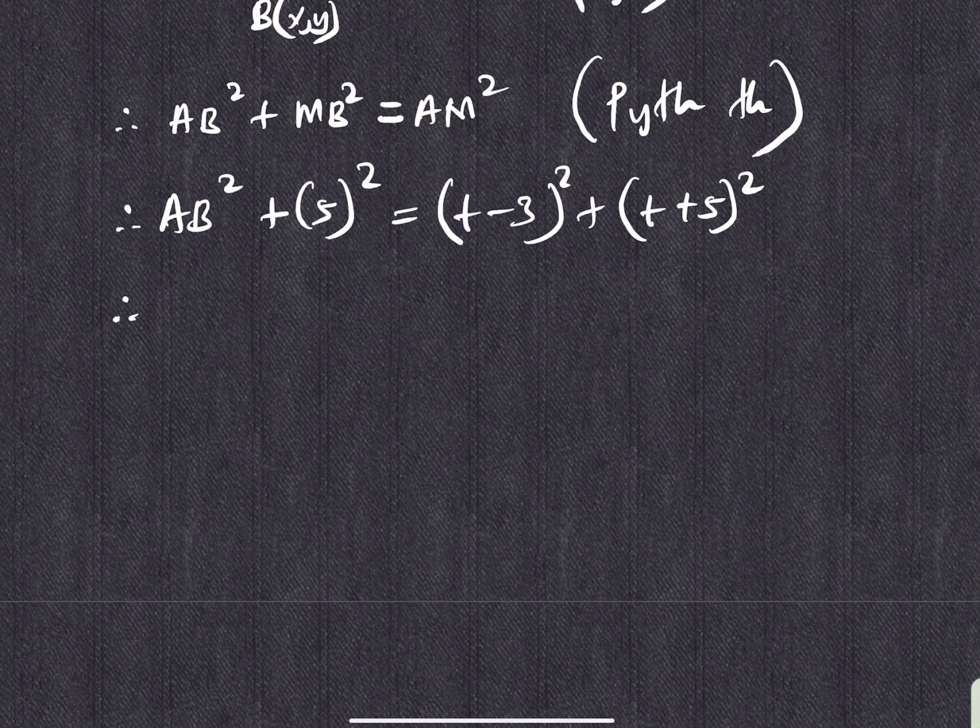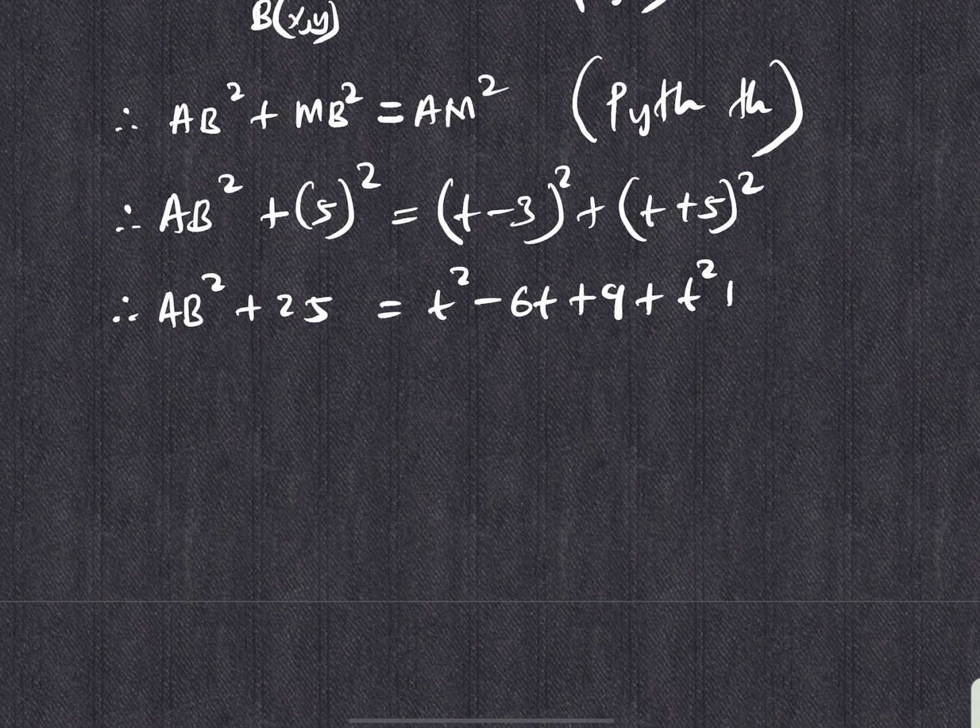Now, let's see what you are going to get. You're going to get AB squared plus 25 is equal to t squared minus 6t, my goodness, plus t squared plus 10t plus 25. So AB squared, let's group all the like terms together. Let me transpose also 25.